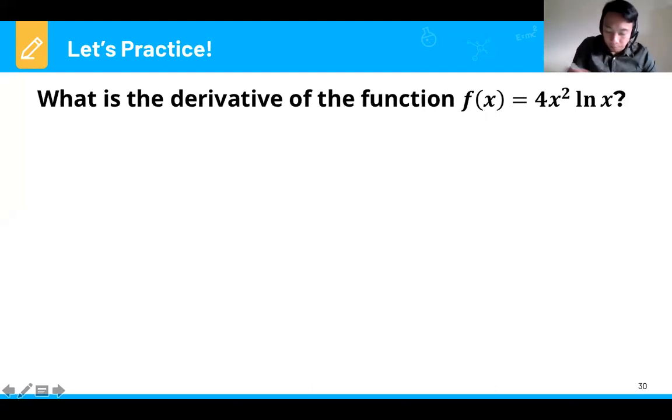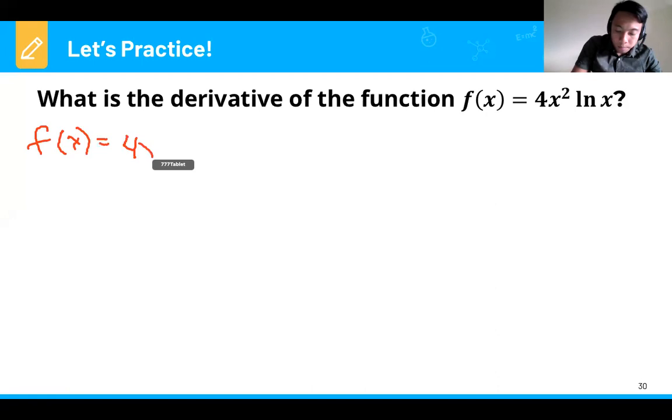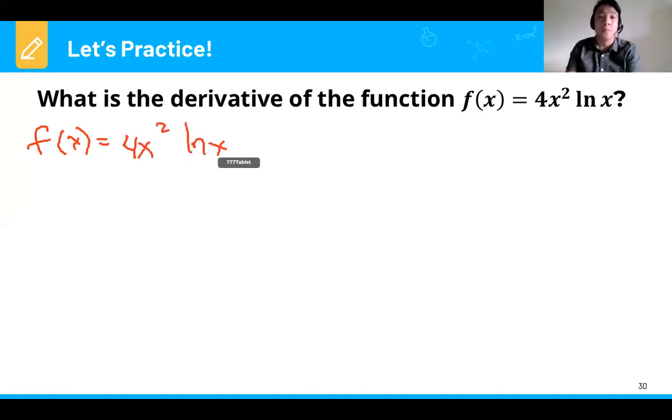So f of x equals 4x squared ln x. As I said a while ago, when the number comes with any kind of variable, for example x, our shortcut way is no longer correct. So we will use the multiplication rule.